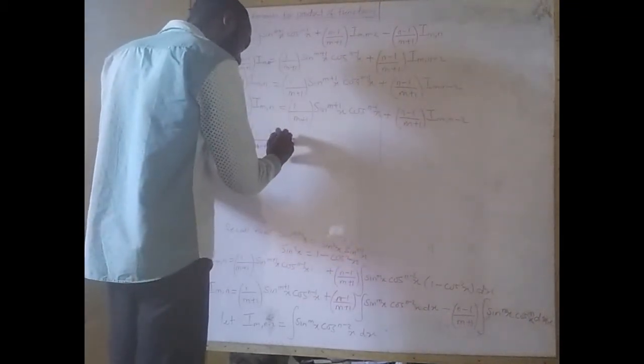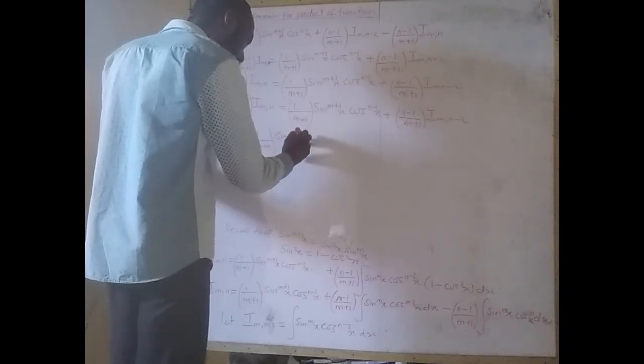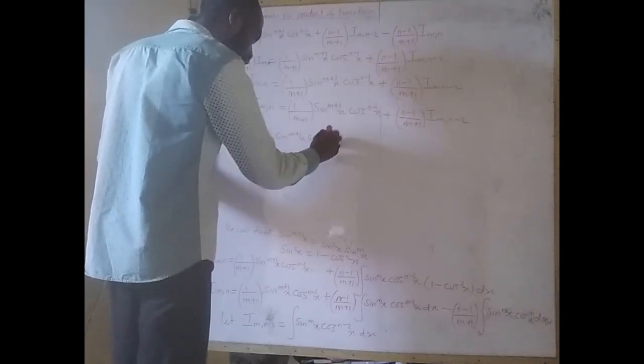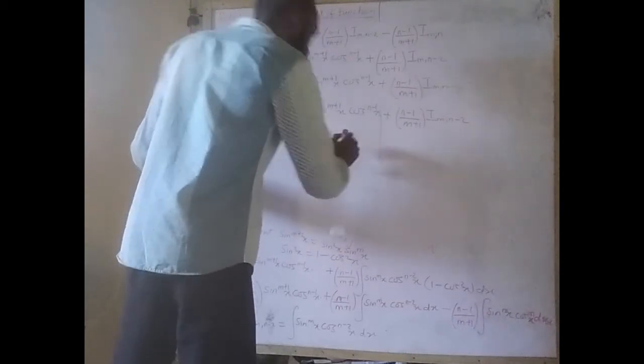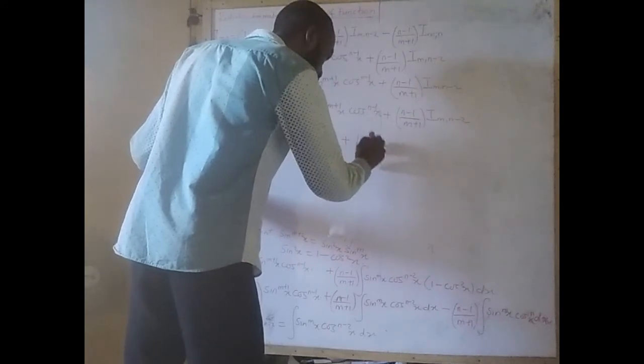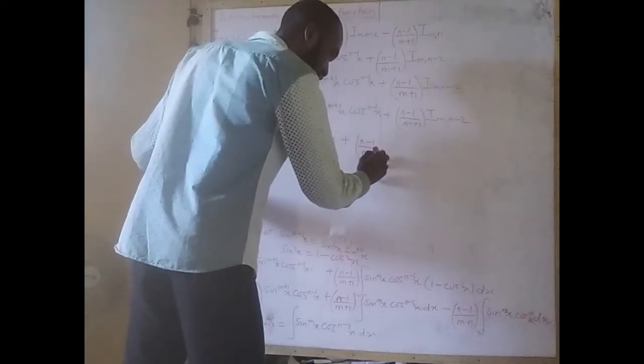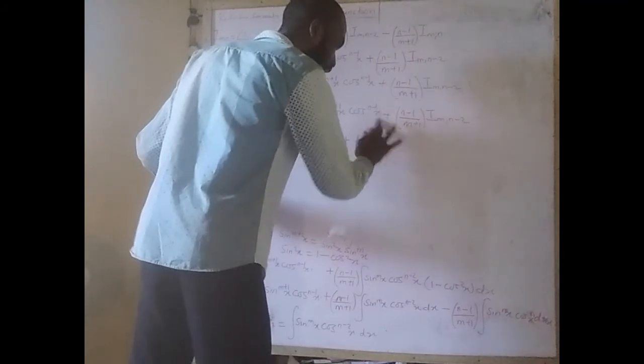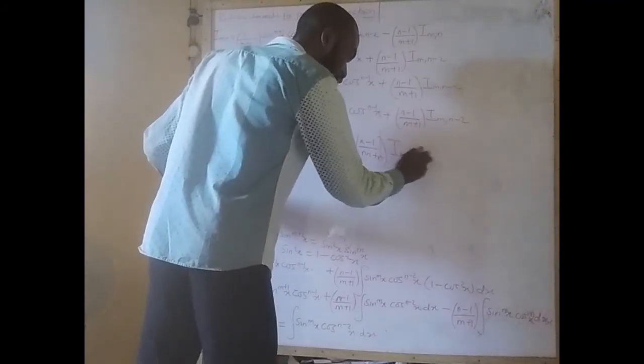Then I have sin^(m+1) x cos^(n-1) x plus (n minus 1) divided by (m plus n), everything multiplied by I(m,n-2). And this is the reduction formula for the product of functions. Just follow the steps. It's very easy. Develop the steps yourself. You see that it's very, very easy and simple.